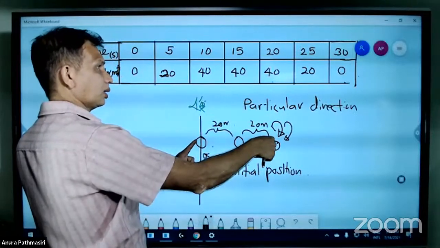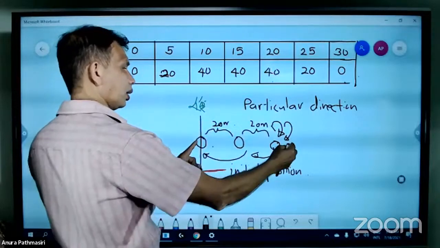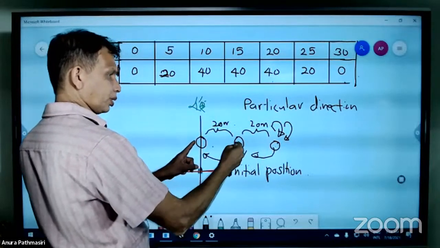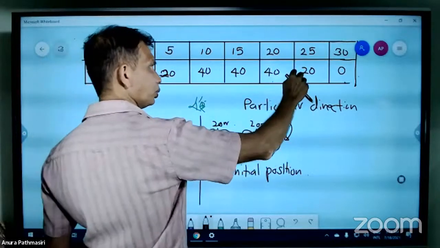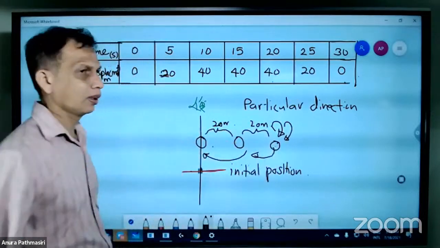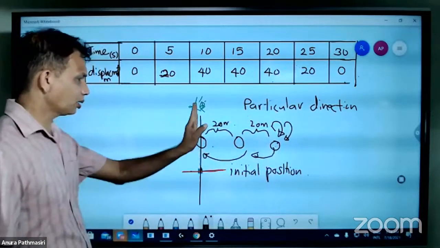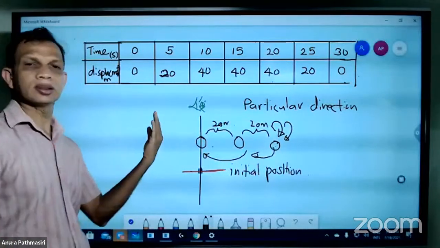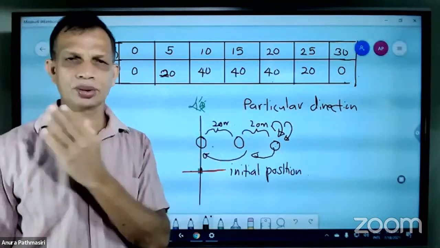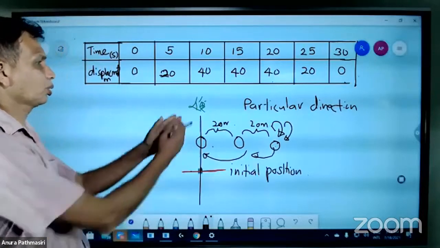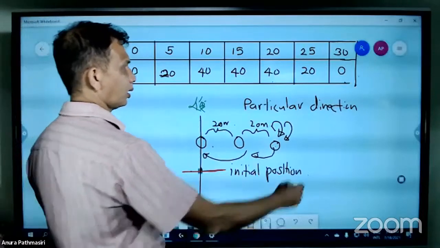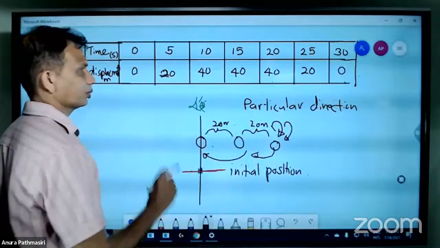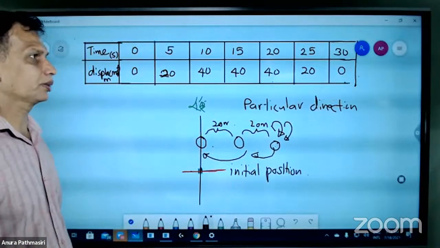At 25, now it is coming towards the observer. So we don't put a negative mark here. If you put a negative mark, that is the opposite direction, meaning it has already passed the initial position or the observer. And finally, it comes to the 0 position.